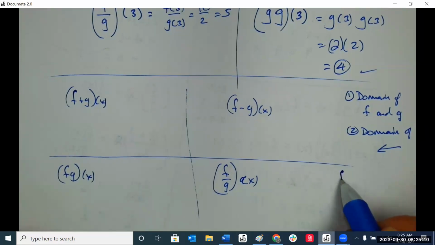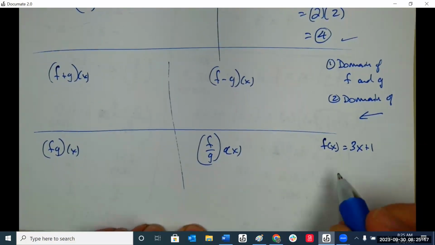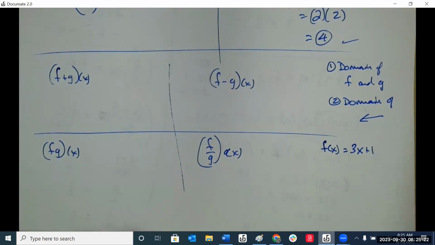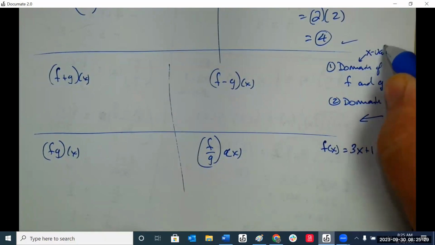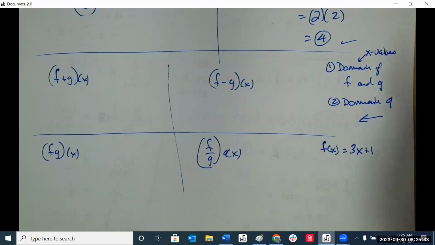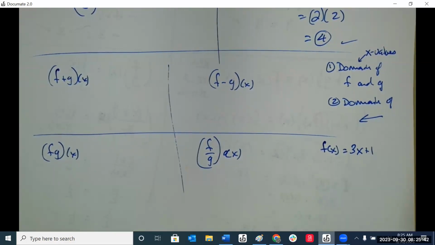So what's the domain of f of x? What does the domain deal with? Only the x values. There are 3 types: positive, negatives, and zeros. Are there any restrictions on what x you could put in there?